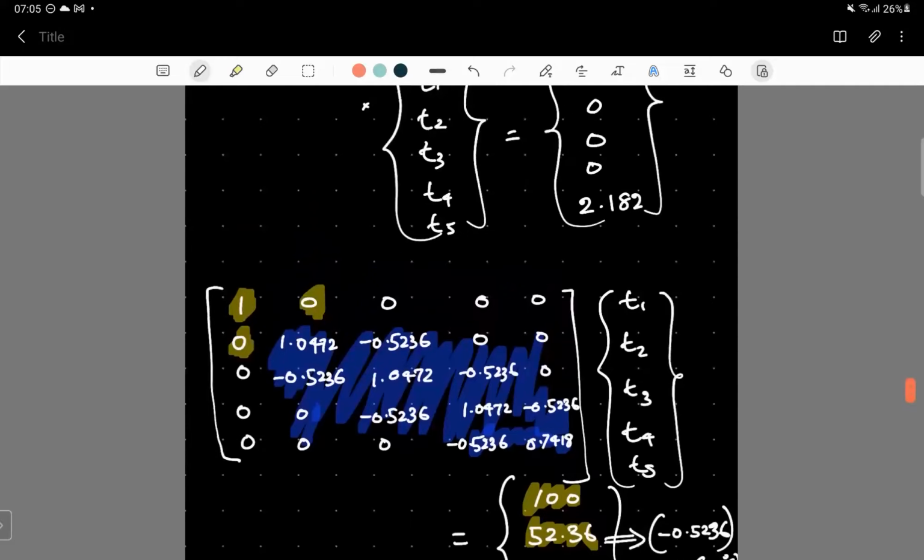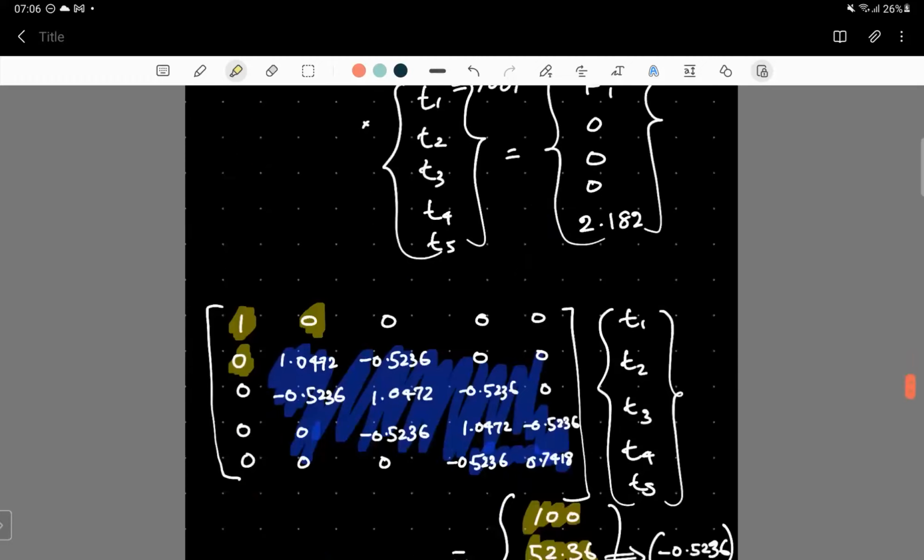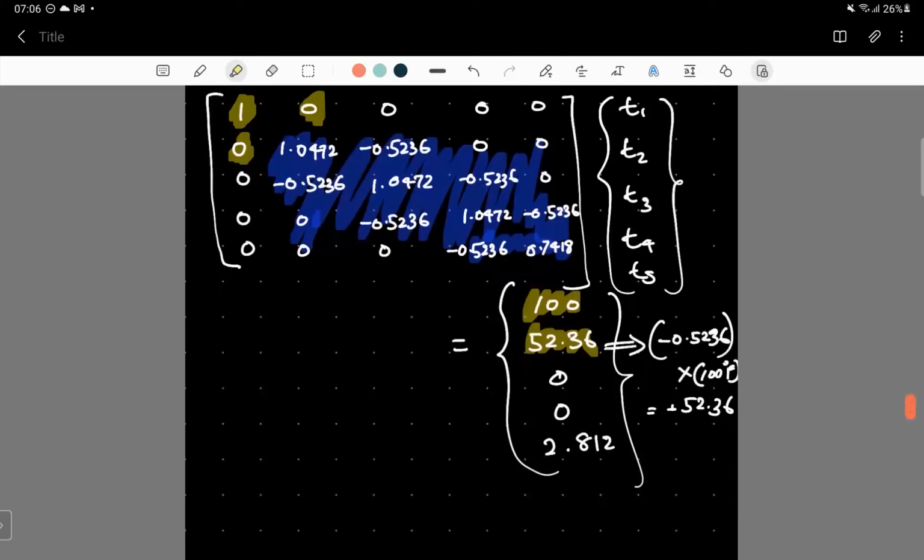Here in the original matrix, you can see this element is 0.5236. So in this methodology, we have to multiply this element with the known nodal temperature, 100 degrees. And because we take it to the right hand side, the minus sign becomes plus. That is why we have used plus 52.36. On the left hand side of the equation, you get minus.